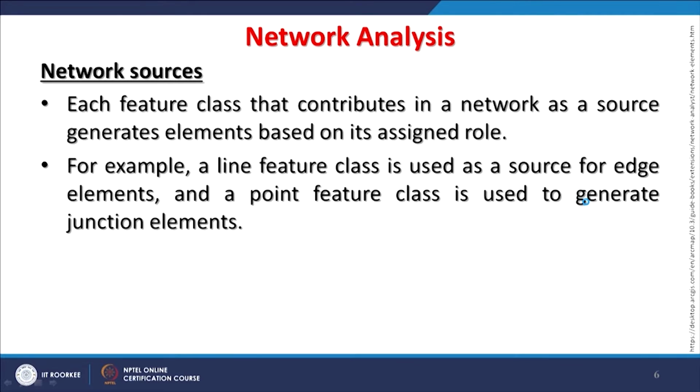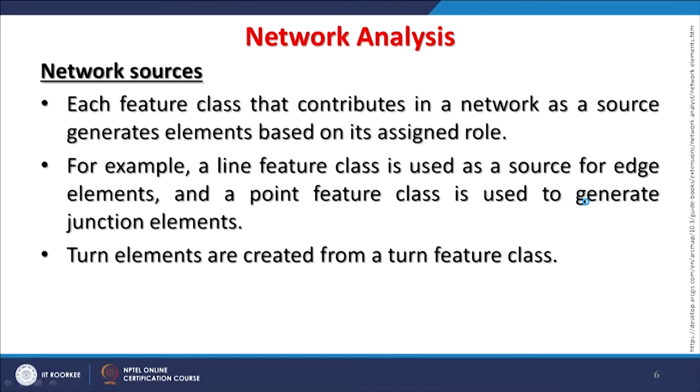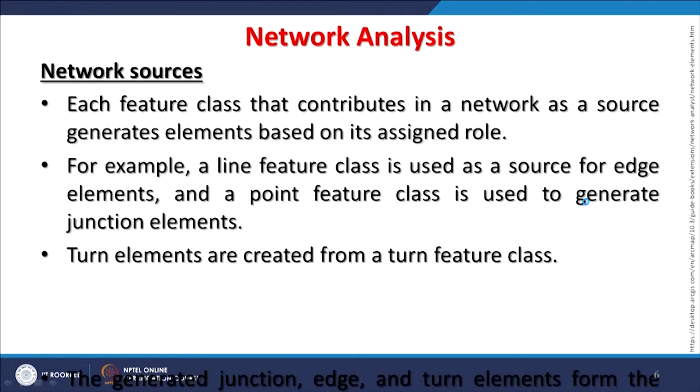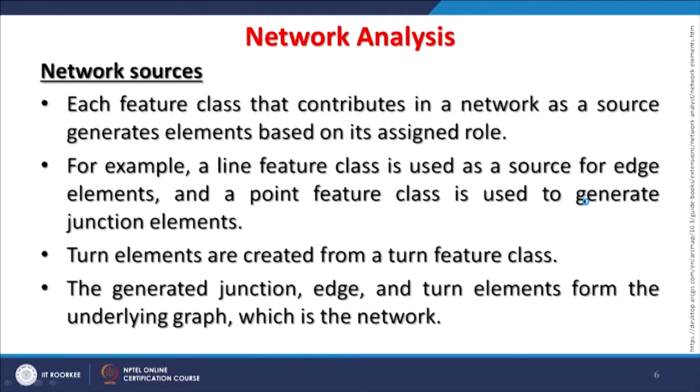So different features, that means different vector entities, will be employed for different purposes. And then of course turn elements are created from a turn feature class, and then these generated junction, edge or turn elements form the underlying graph, which is the network. So once that is done, then the network is created.